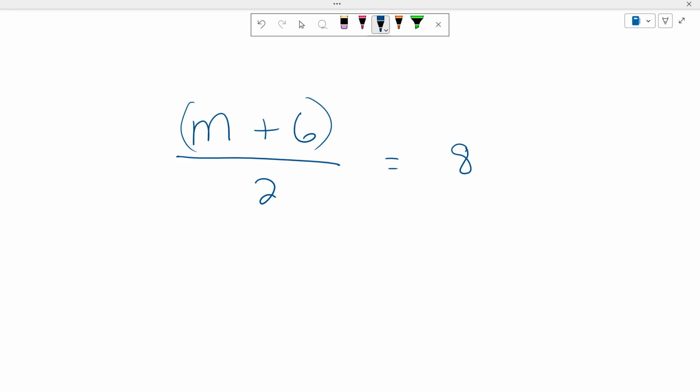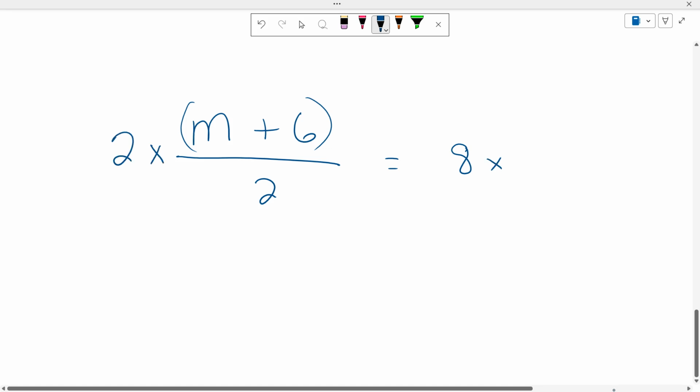So what's my next step to get rid of this 2? I am dividing by 2 here. So we are going to multiply by 2. We multiply by 2 on this side, and by 2 on this side. The 2s are going to cancel here.